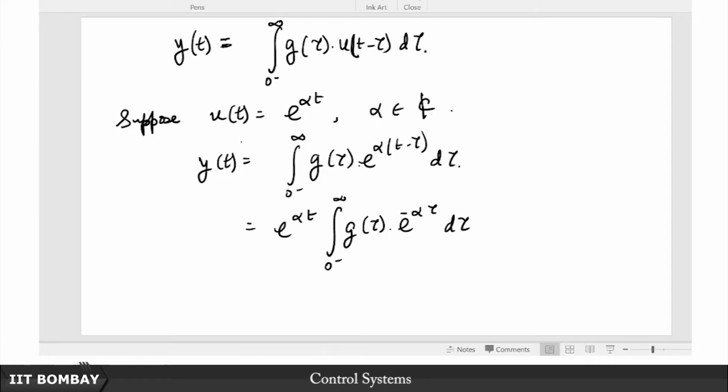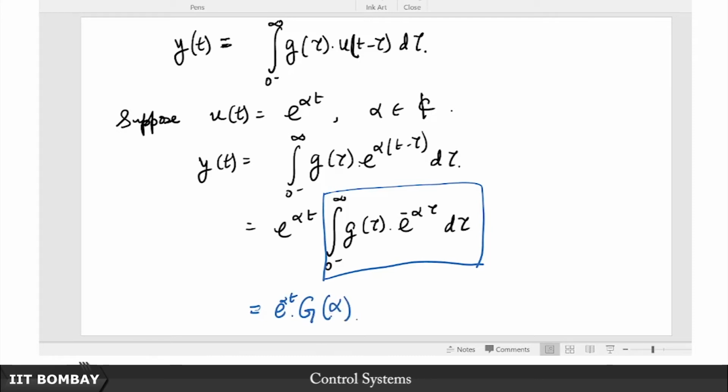But I urge you to focus on this term now. What is this after all? This is nothing but the Laplace transform of g tau, right, with s replaced by alpha. So, this is nothing but essentially e to the alpha t times g of alpha, right. I have just replaced s with alpha, another complex variable.